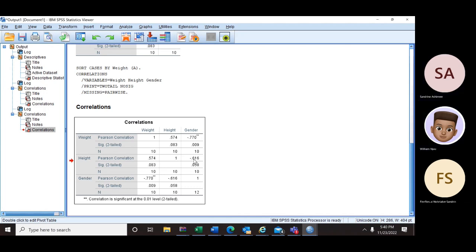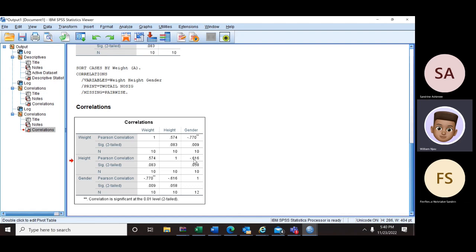So again, what do those mean? First of all, I wanted you to see that the height and weight have remained the same. They have not changed just because we introduced a new variable. But now we have negative values, like between weight and gender.